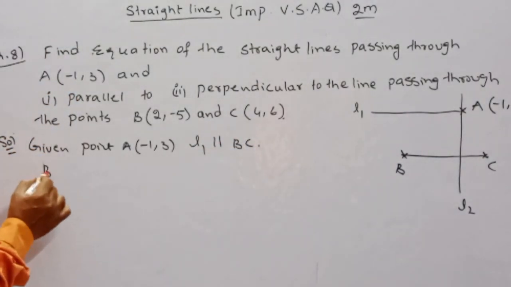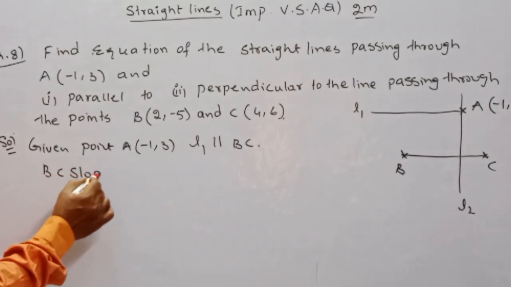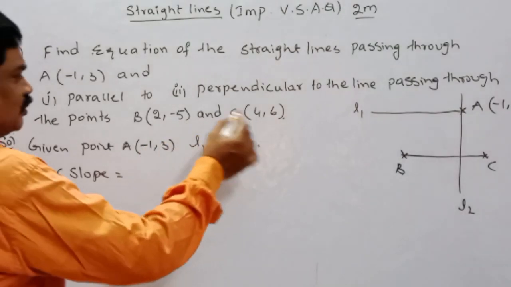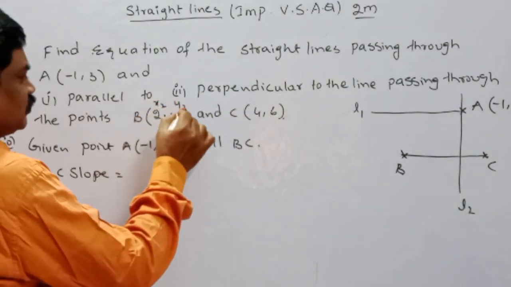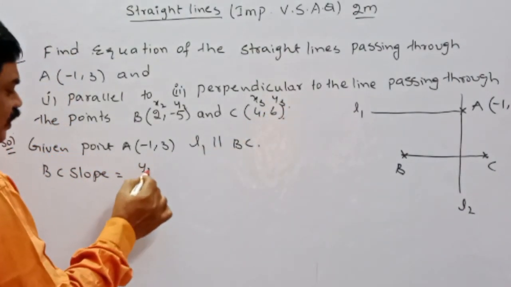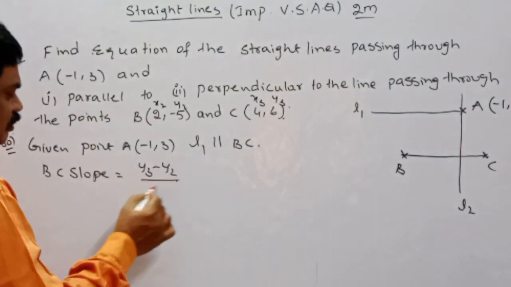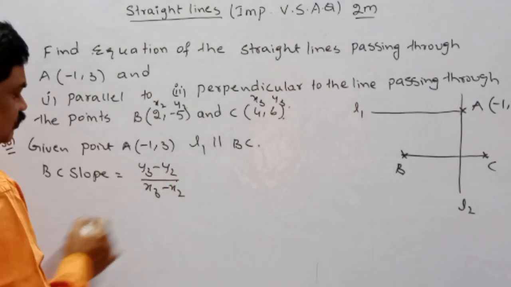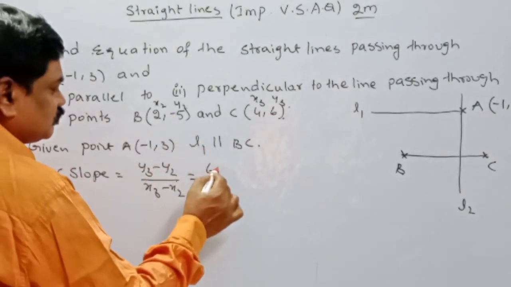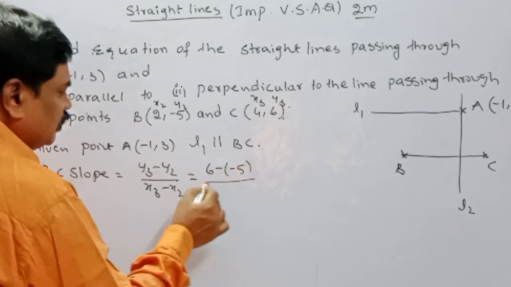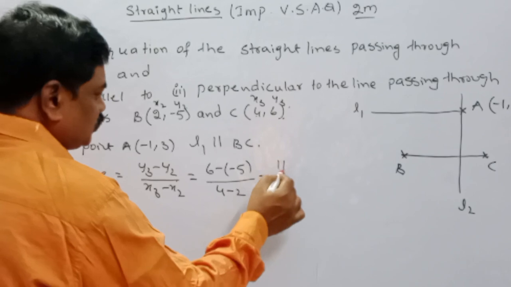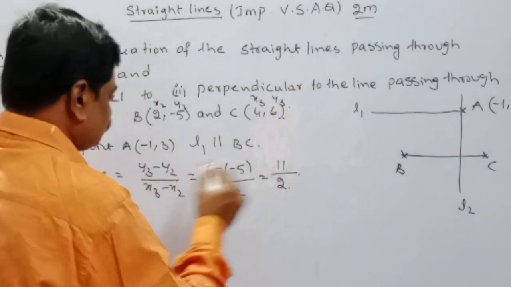So the slope of BC, taking (x2, y2) and (x3, y3), is y3 minus y2 by x3 minus x2, which is 6 minus of minus 5 by 4 minus 2, that is 11 by 2.